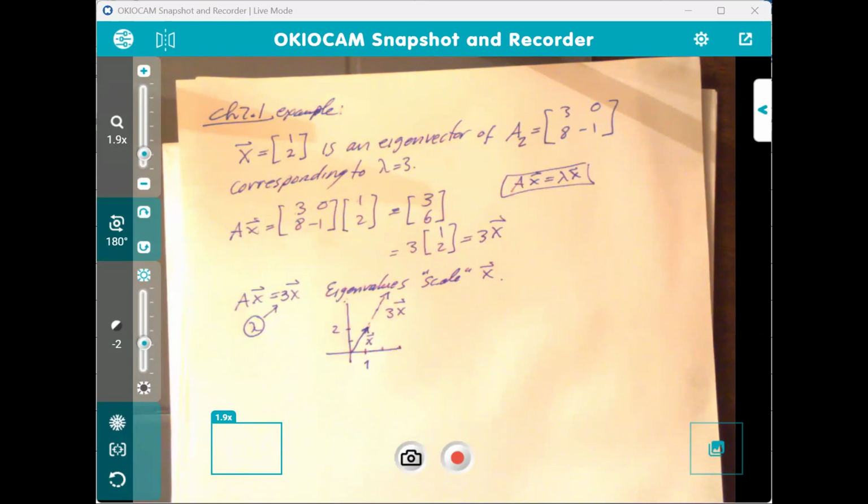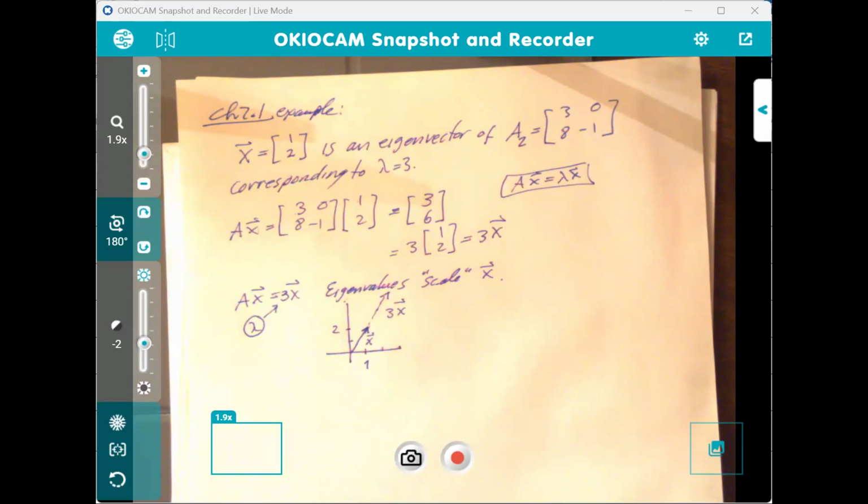So that suggests we have an eigenspace. Remember, a vector space is a space made up of a whole bunch of vectors. An eigenspace, therefore, is a vector space made up of eigenvectors.